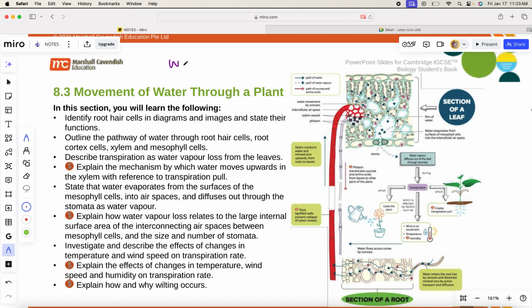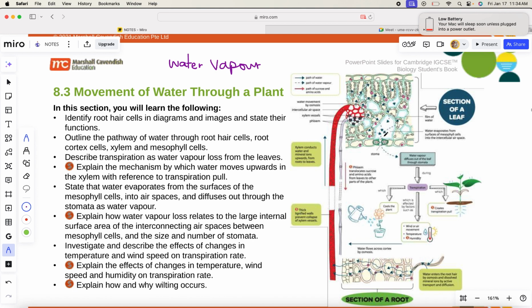Water vapor is a gas, meaning it's no longer a liquid, because the sun heats the plants a lot. Some of the water has been used for photosynthesis, and some becomes water vapor. This water vapor is what we now show with broken arrows.